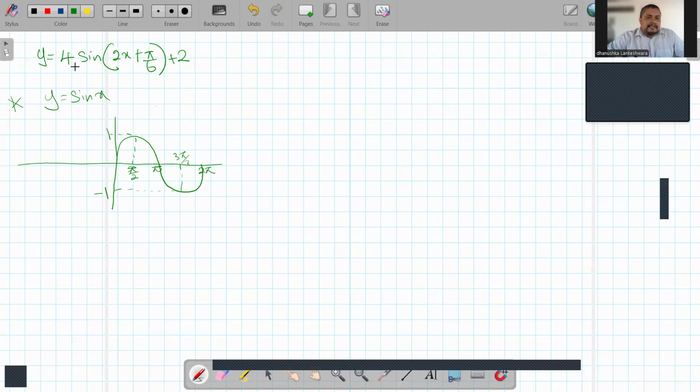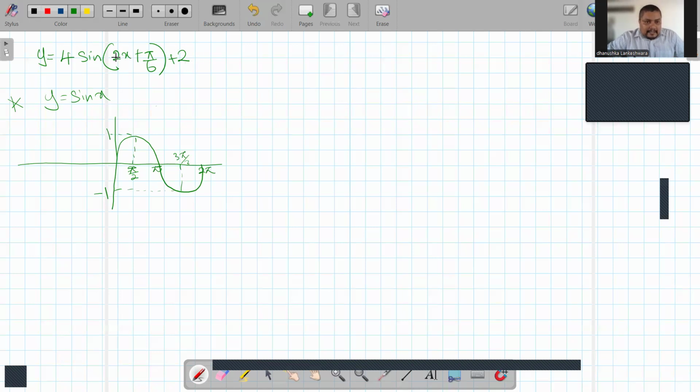So several transformations have been applied to this equation. You can see this 4 is outside of the function as a multiplication, which means vertical stretch by a scale factor 4, right? And then this plus 2 is a vertical shift by 2 units upwards.